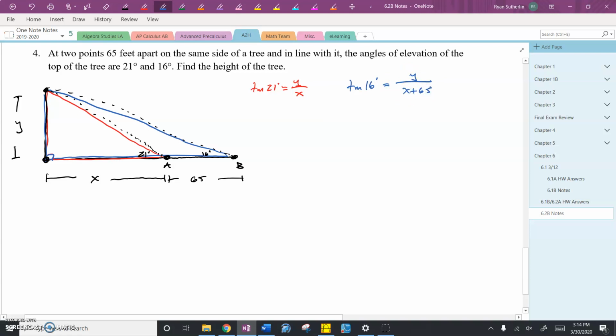So we have a system of equations, two variables, two unknowns. I'm going to use substitution. I have here that y is equal to x times tangent of 21 degrees. And so I'm going to substitute that for y in the second equation.